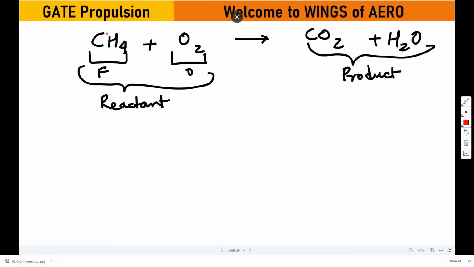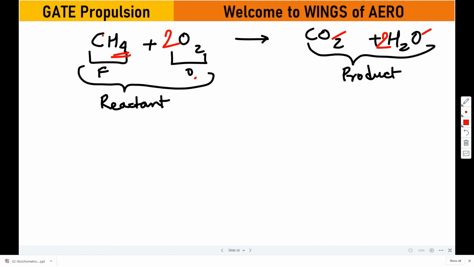Here we have CH4 plus O2 gives CO2 plus H2O. Now here we have 4 H, here we have 2. So if I apply 2 over here, it becomes 2, 2, 4. That means I have to apply it over here.